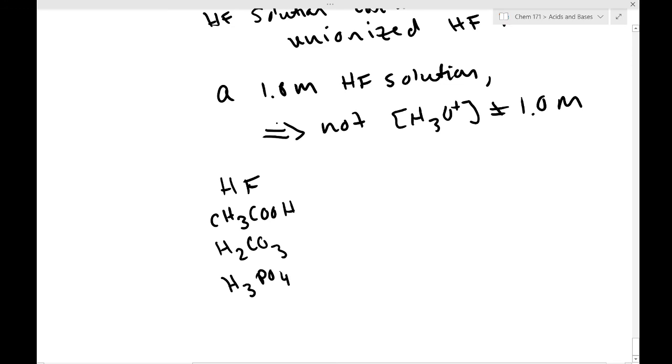So carbonic acid is an interesting acid. We'll learn about it later in the chapter, but essentially, carbonic acid is very important to animals' ability to regulate the pH within the body.